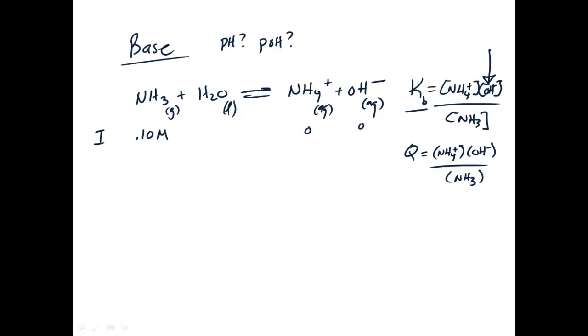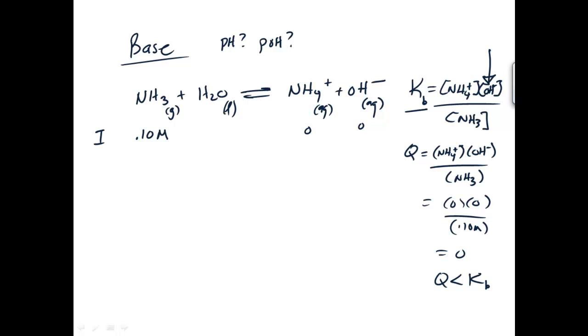And again, it looks a lot like K. When we plug in the initial values for the ammonium ion, the hydroxide ion, and the ammonia, we would get 0 times 0 over 0.10 molar. Well, that equals 0. So Q is less than K. The reaction quotient is less than the equilibrium constant, or the base ionization constant.